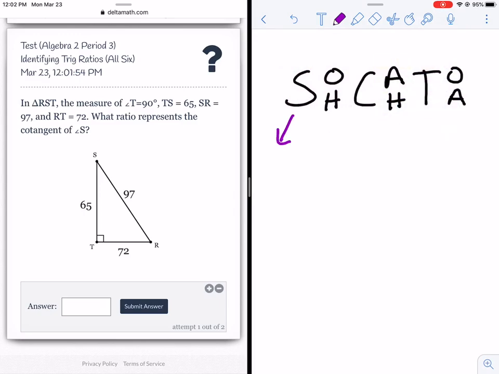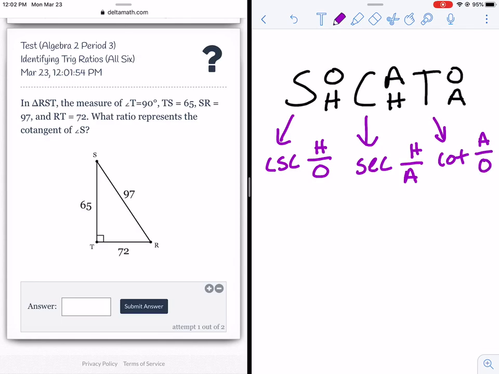So sine goes with cosecant, cosine goes with secant, and tangent goes with cotangent. So cosecant is going to be hypotenuse over opposite. This is going to be hypotenuse over adjacent. And this is going to be adjacent over opposite.